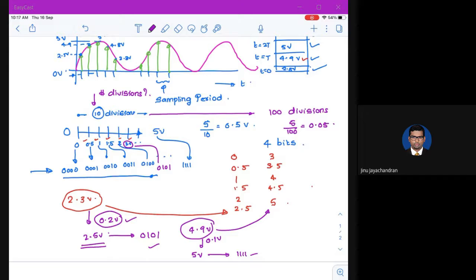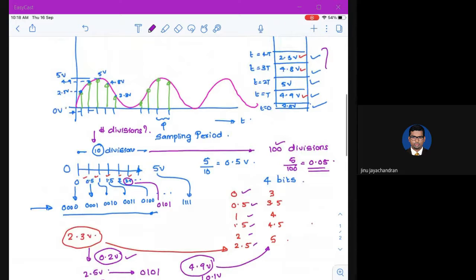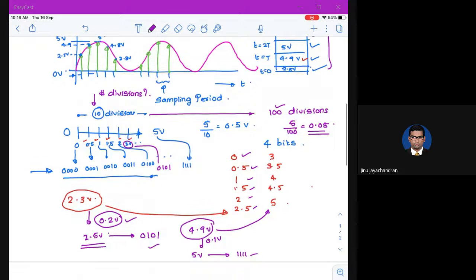So for 10 divisions, you have 10 steps, and for a 0.05 volt minimum step, you will have 100 steps. But then you can more accurately represent any of these values. So if you have more divisions, you can accurately represent any of these values.